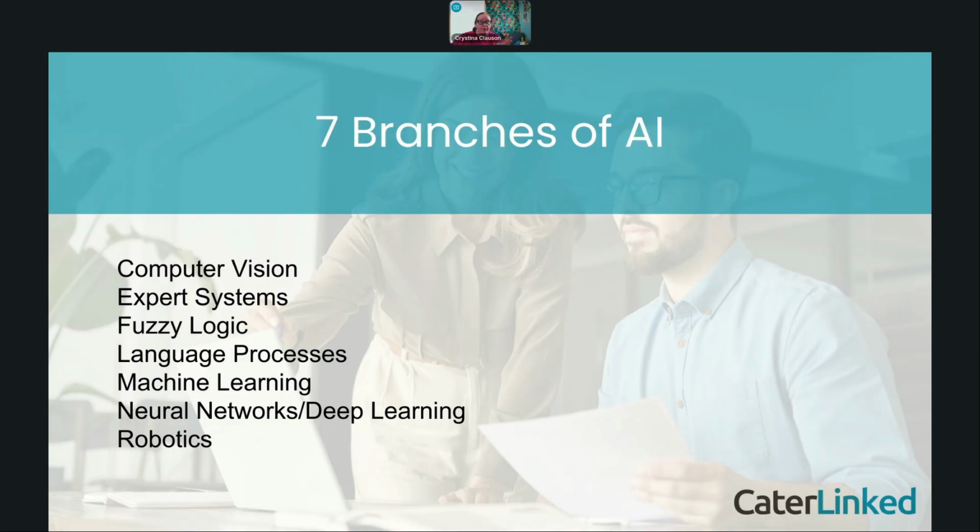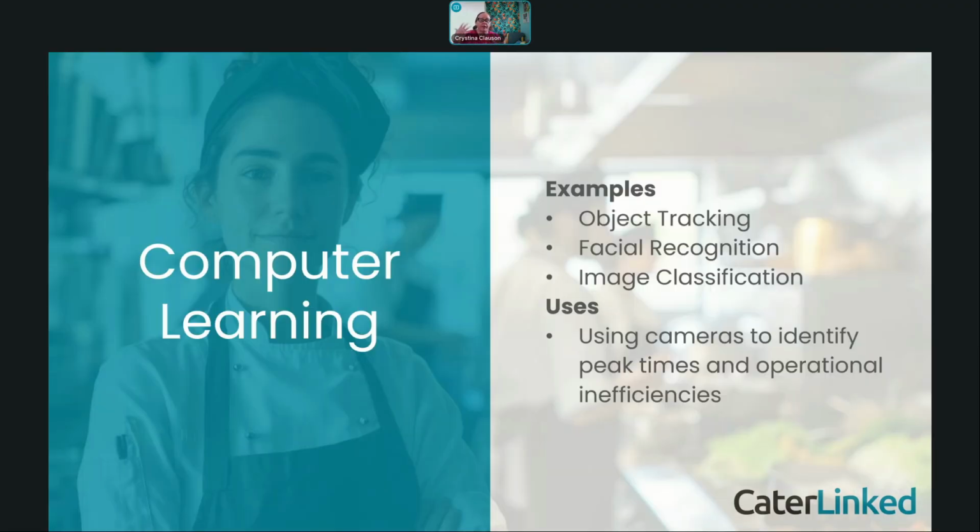So, 7 branches of AI, and we'll go through some real world uses, but also restaurant uses for each of them. So firstly, computer learning. As we mentioned, it helps with facial recognition, image classifications. There are some restaurant technology companies that use cameras to identify peak times and operational inefficiencies.